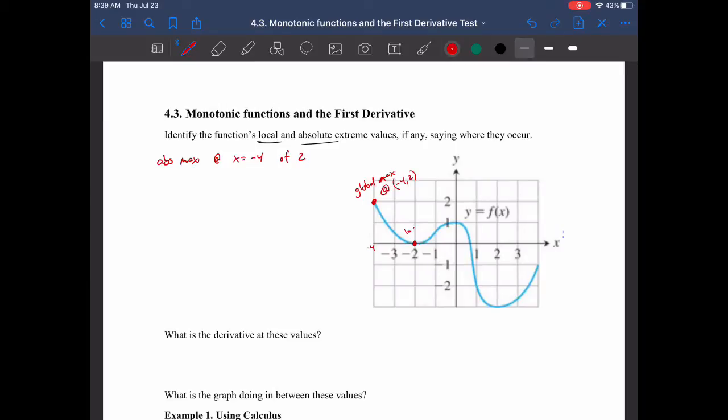So this is a local minimum. And just like before, it is occurring at a certain point, and that point is -2, 0. Okay, that's that point right there. That's at -2, 0. There you go, that's that point right there.